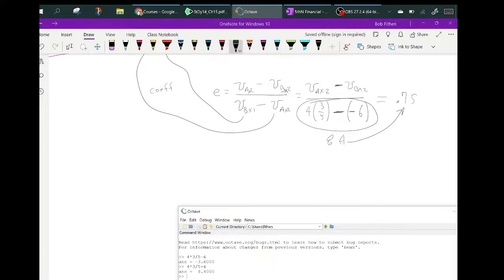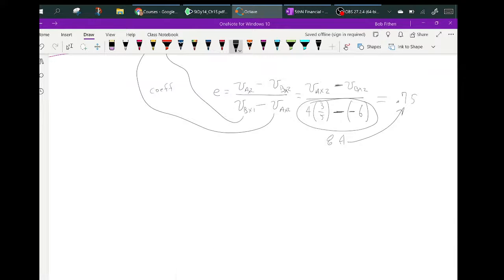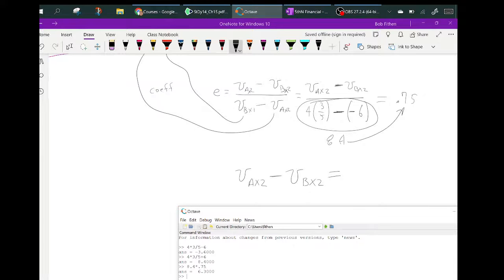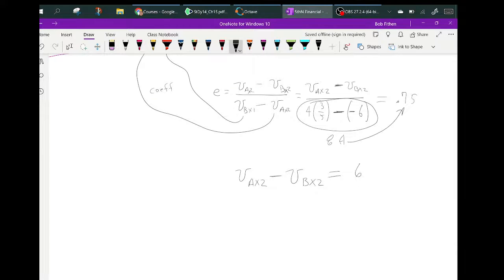Okay. 8.4 times 0.75, 6.3. So what I get is an equation that says VAX2 minus VBX2 is equal to 6.3. There's my second equation. 2 equations, 2 unknowns.